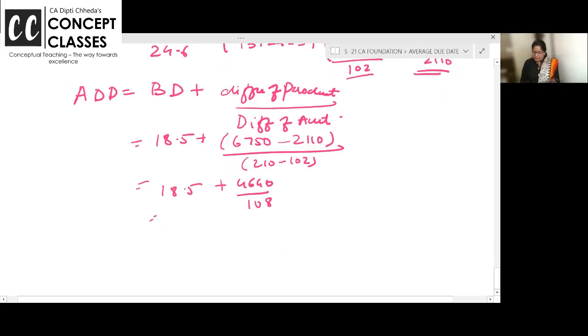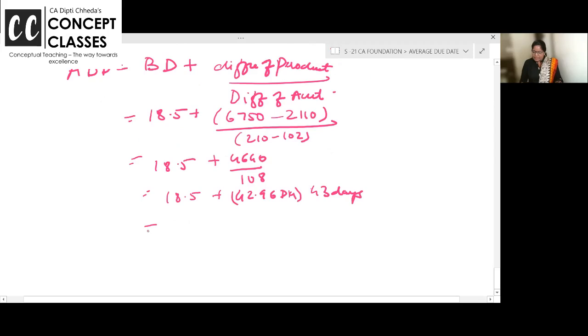So 4640 divided by 108. So how many days you need to add? 42.96 days. That is equal to 43 days. 43 days you have to add in 18th May. तो May के कितने दिन हैं?